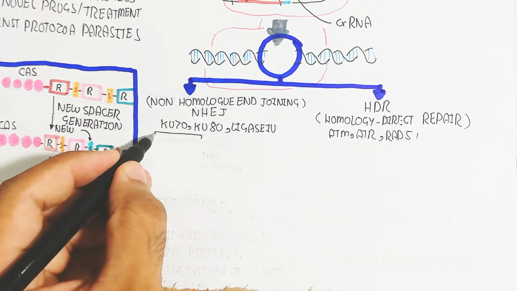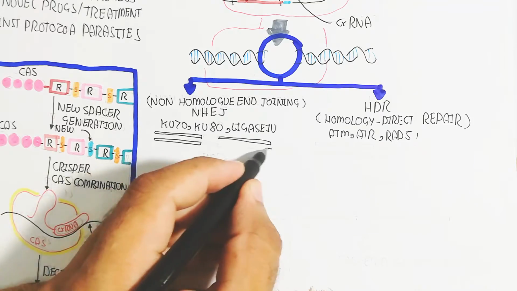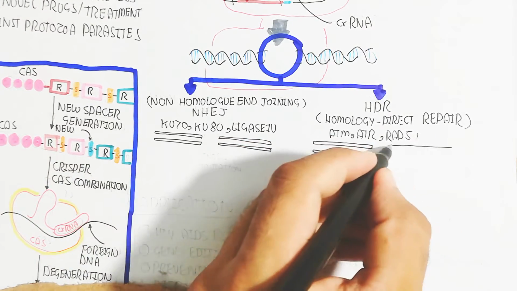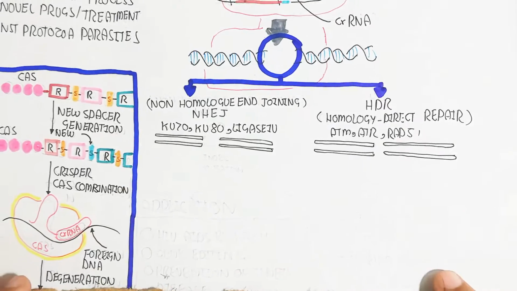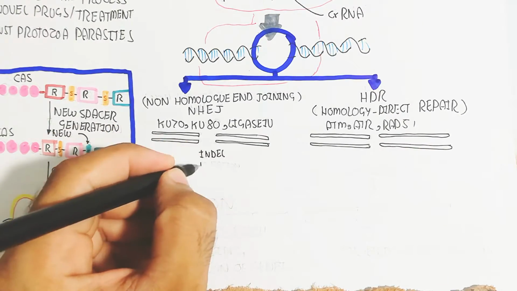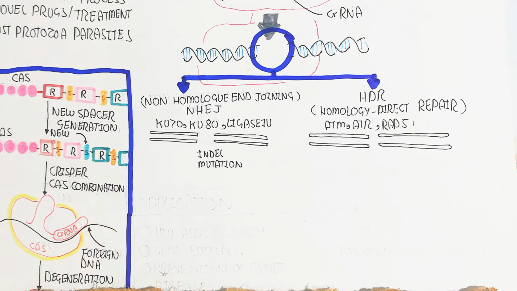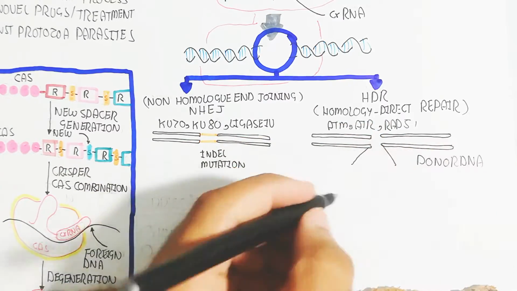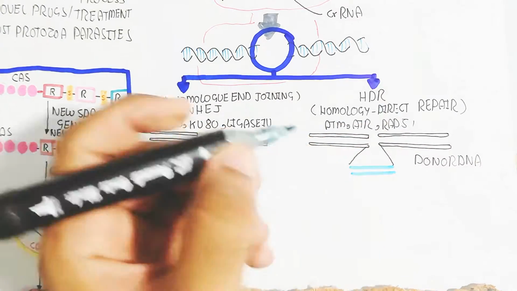So anyhow, here you can see this is the HDR, the homology directed repair. The homology directed repair means ATM, ATR and RAP5 prime. In this way, the donor DNA is required for the binding and the targeted genome editing.